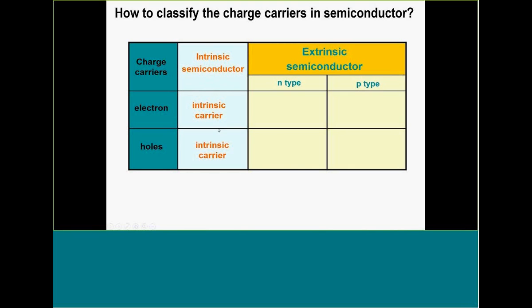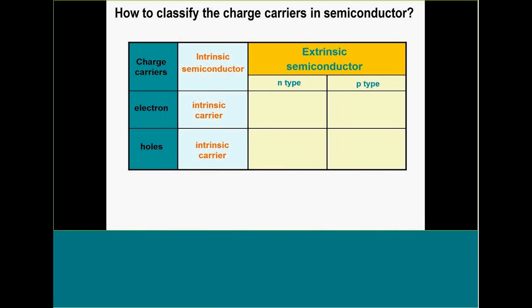Holes in an intrinsic semiconductor are also intrinsic carriers, the carriers that come from the host of the semiconductor. Now let's see extrinsic semiconductors. We know that for an extrinsic semiconductor, there's the dopant, and there is the host material of the semiconductor.